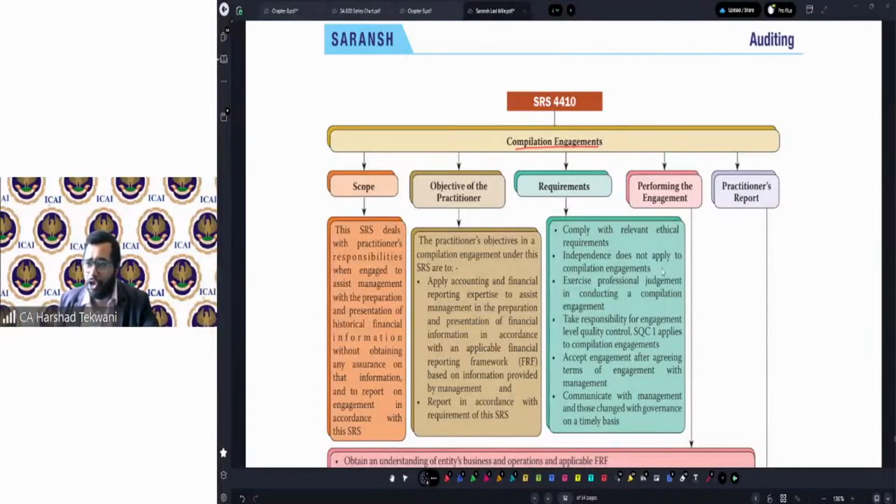I'm not saying that the things put together are appropriate. It's just a compilation of historical financial information without obtaining any assurance on it. That's why it comes under the purview of related services.